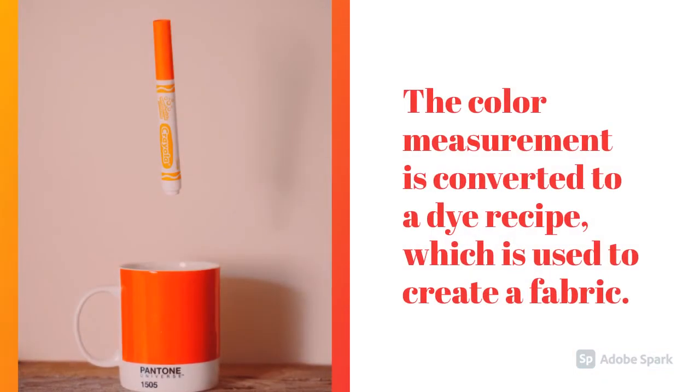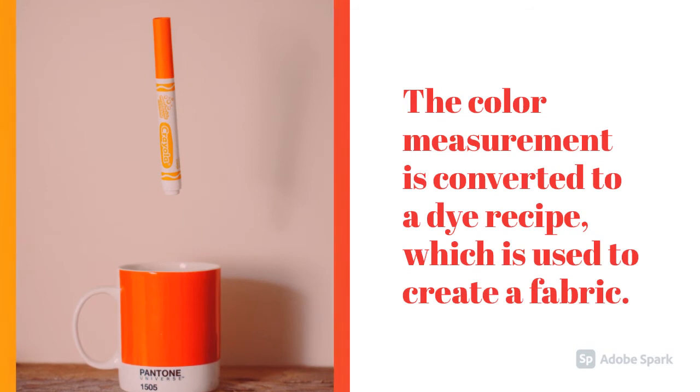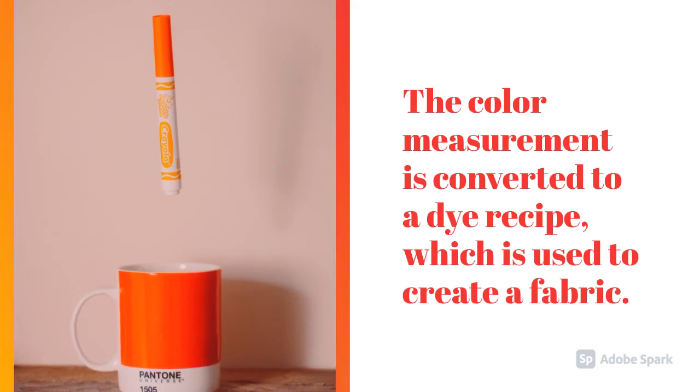By using the color measurement, the color standard information is converted into a dye recipe based on a reference library, again usually created by Pantone, and that's developed by a dye house to dye the fabric.